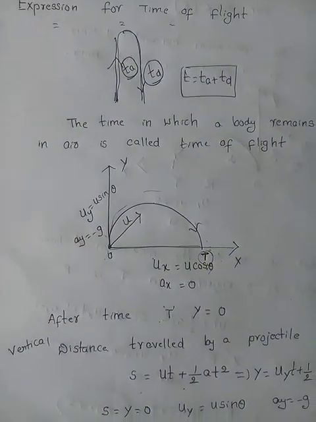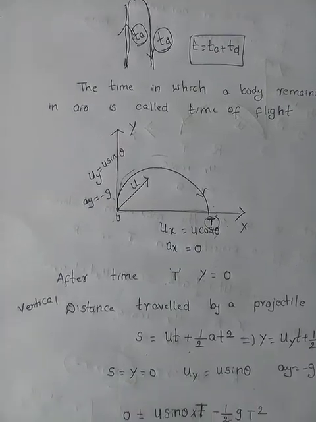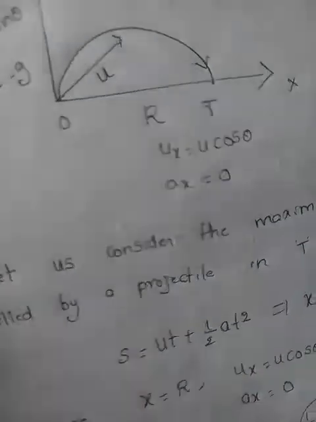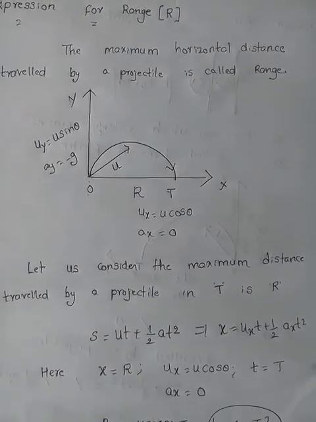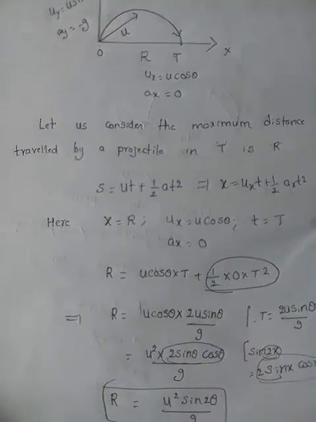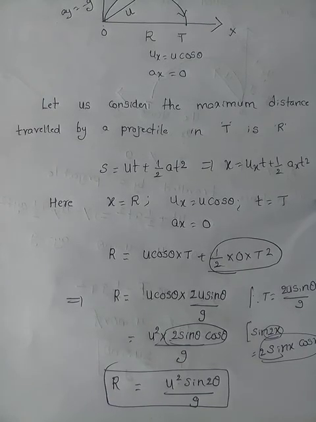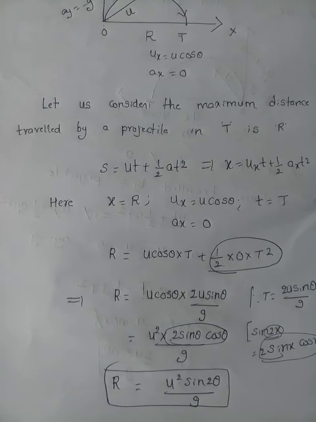Next, the time in which a body remains in air is called time of flight, and the expression is 2u sin theta by g. And the last, range: the maximum horizontal distance traveled by the projectile is called range. Range is equal to u square sin 2 theta by g. So please go through the video without fail.